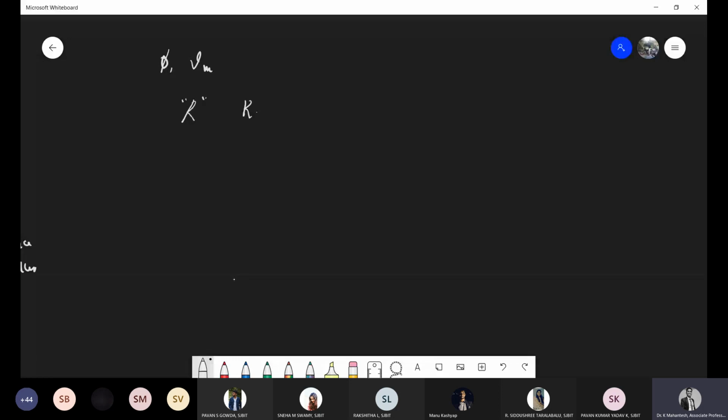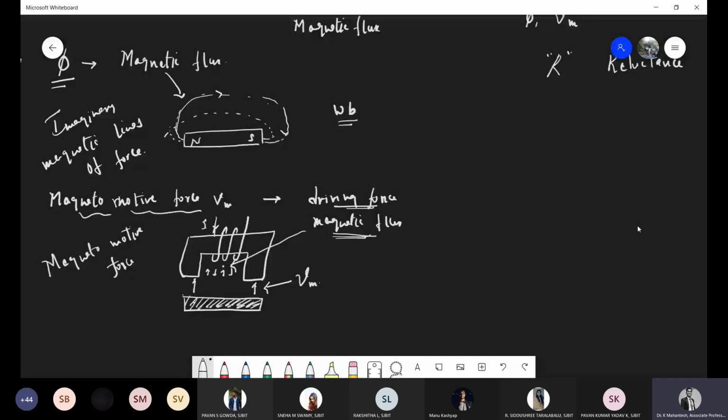R is known as reluctance. And going back to magnetomotive force, the units are ampere turns. Here for flux it is Weber. For magnetomotive force, it is ampere turns, depending upon the number of turns of a current coil.